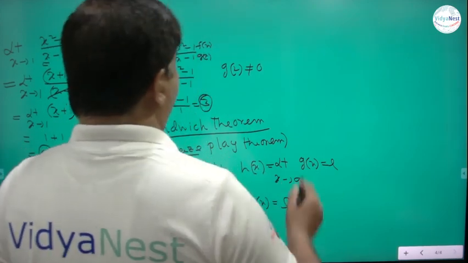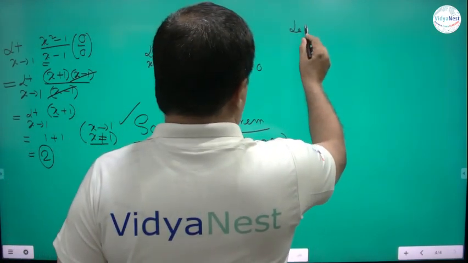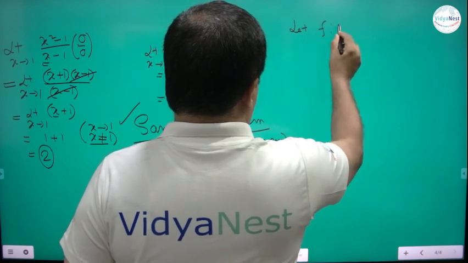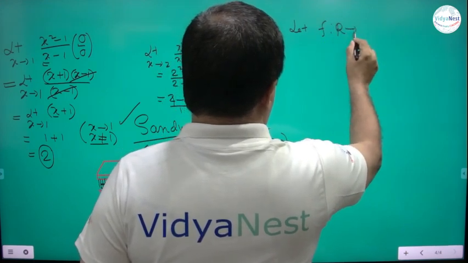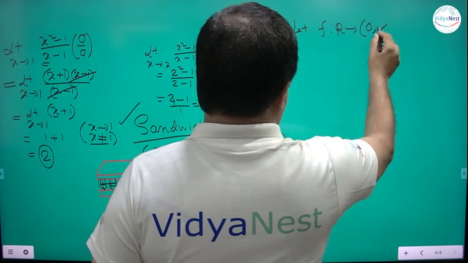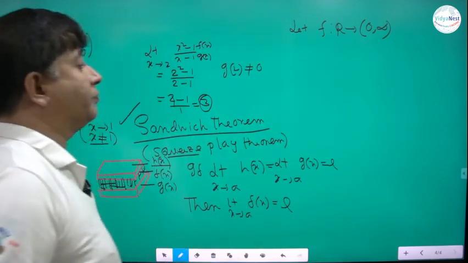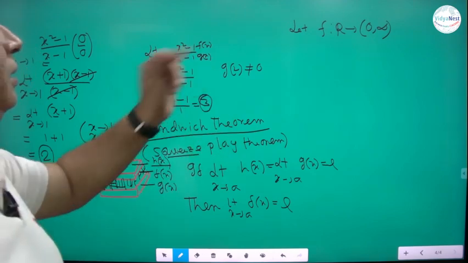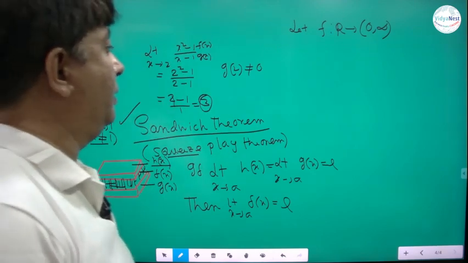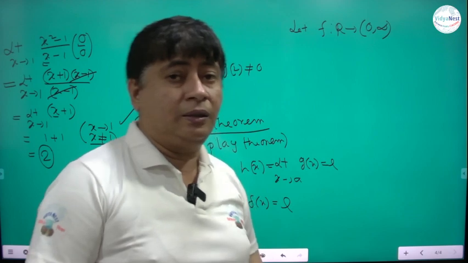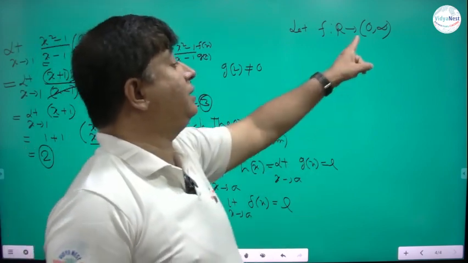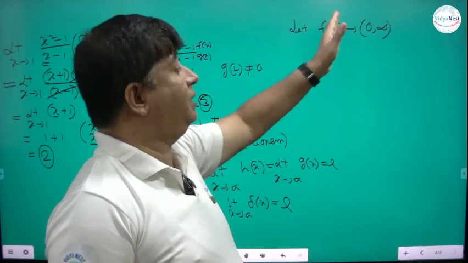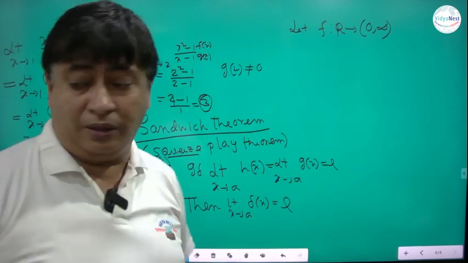Let a function f map from the real numbers to (0, infinity), meaning the domain is real and the codomain is 0 to infinity, where 0 is not included. Open interval means 0 is not included.